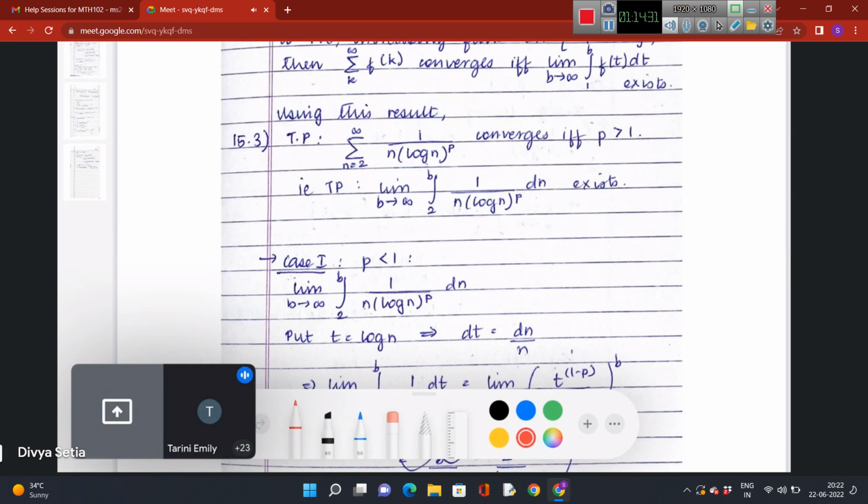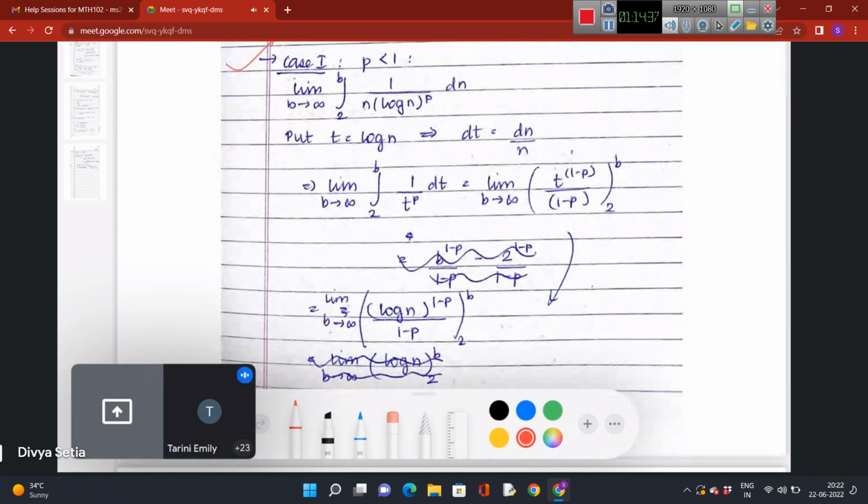Okay, so the first case is where p is less than 1, and we have the same limit of the integral. The way we can solve this is by substituting a variable t.